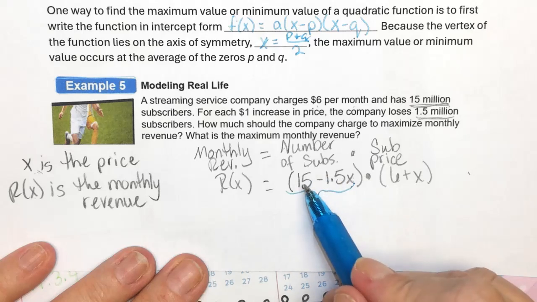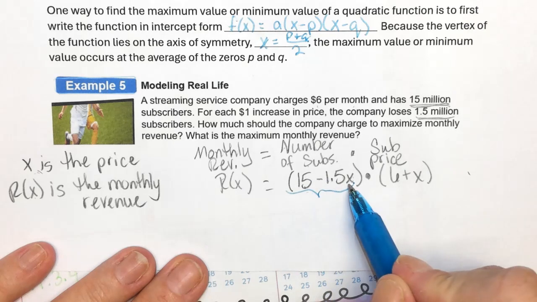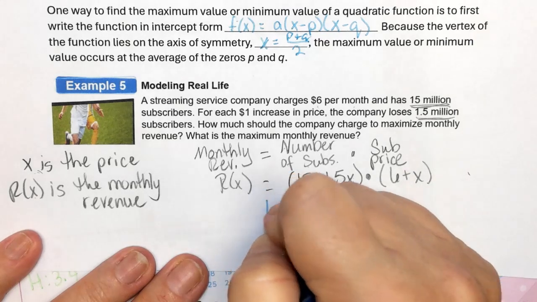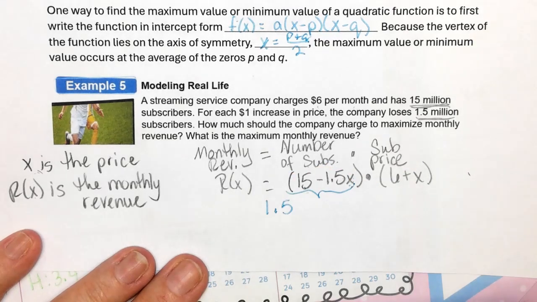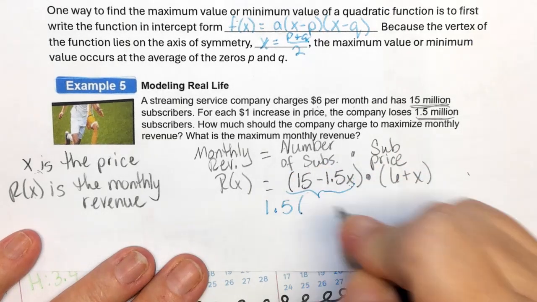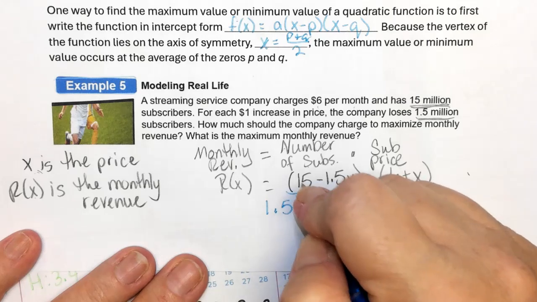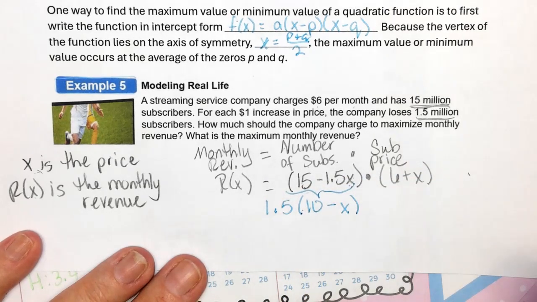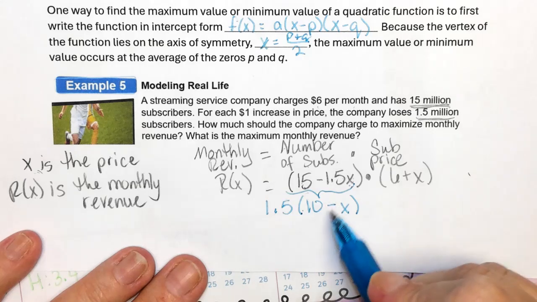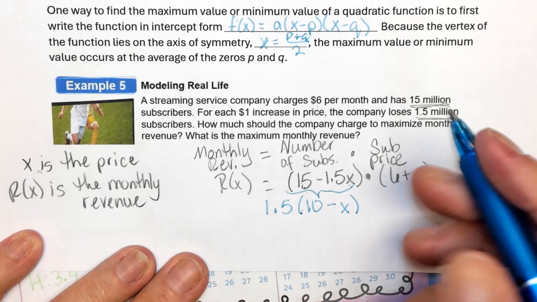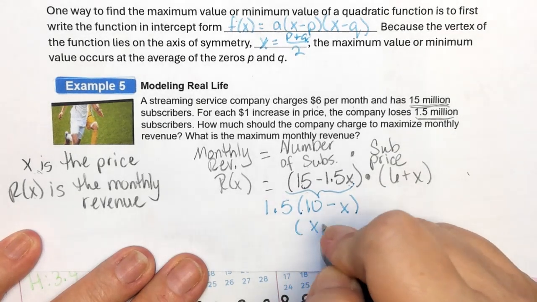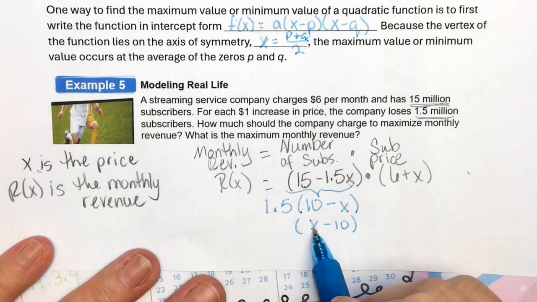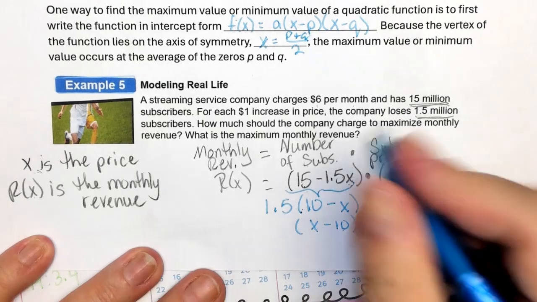Looking at this, I can't really tell what my x-intercept would be. I know that 15 and 1.5 look very similar, so I'm going to factor out 1.5. Then 1.5 times 10 gives me 15, and that would give me x. However, remember, we can't have a negative x inside, so it's okay as long as you make them the opposite. So x becomes positive, 10 becomes negative.